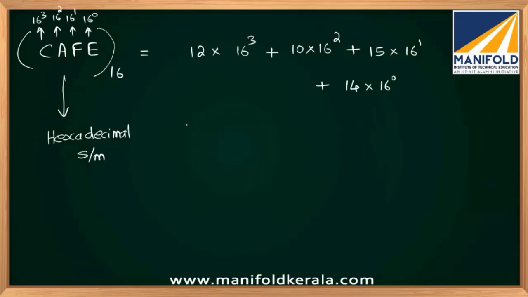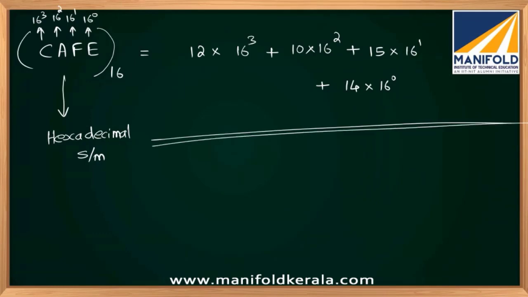I am not calculating this value. It will be a big value. You can work it out. But whatever value you get, this will be the corresponding decimal value, right? This is how you convert from hexadecimal to decimal system, right?